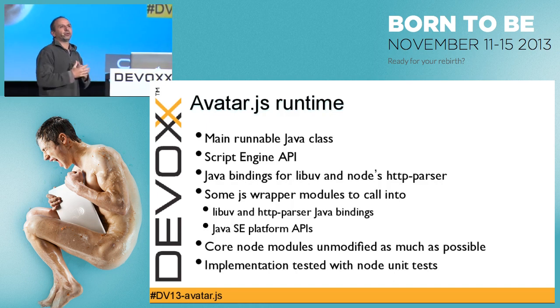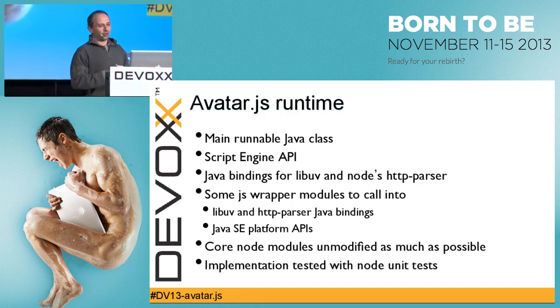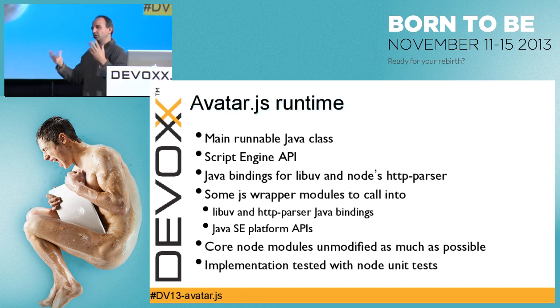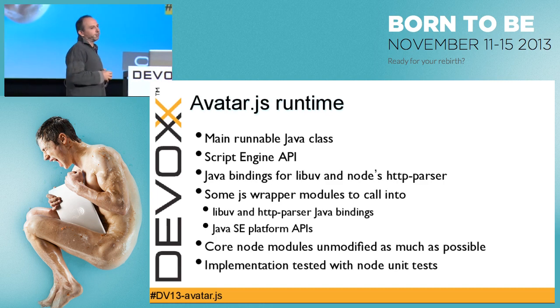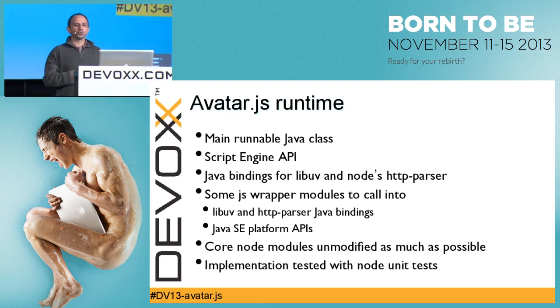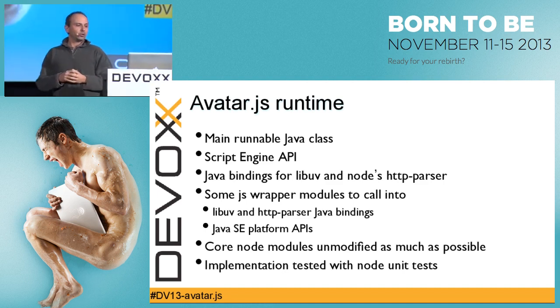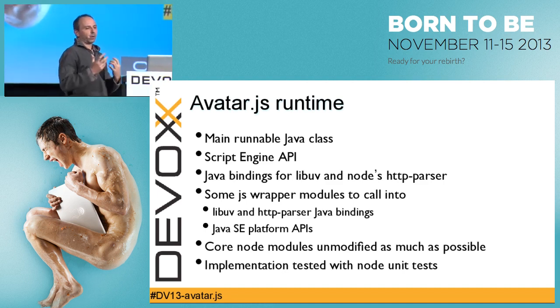It's a mix of a bit of everything. We have a Java runtime, this main runnable class that is a controller of the runtime, using the script engine API to ask Nashorn to execute the main script, your application script.